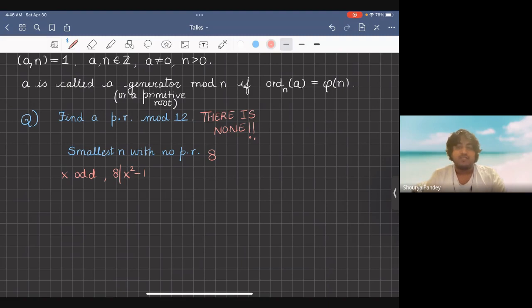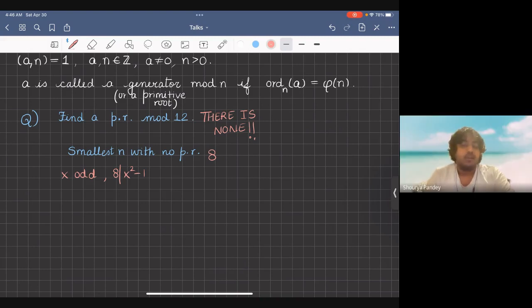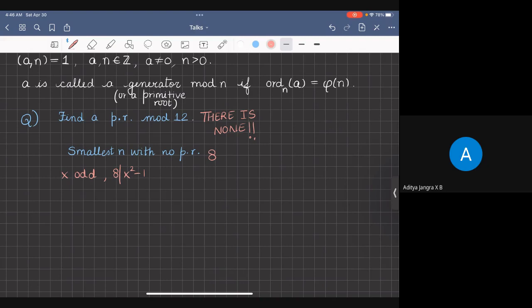So 1, 3, 5, 7 all have their squares congruent to 1 mod 8. So none of them has order 4, which is phi of 8. So 8 is the smallest such number, right? Yes, all the numbers smaller than it have primitive roots.